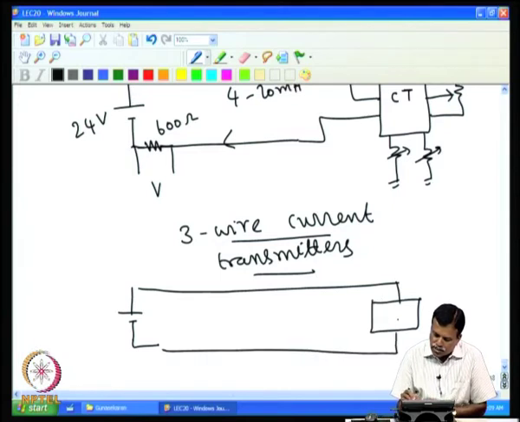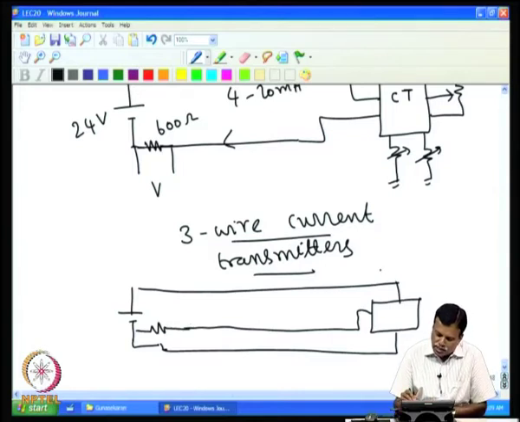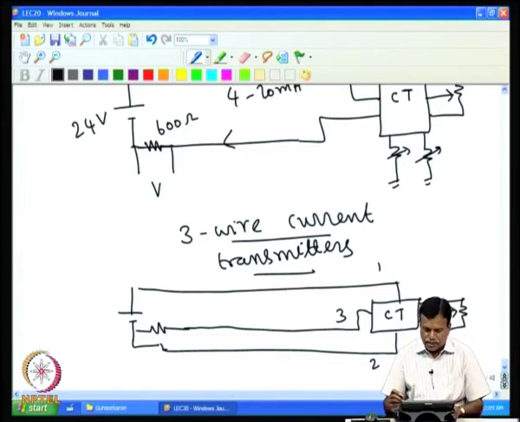Then one more wire comes out and that carries the current back to the system, and whatever measurement you want, you put a resistance and measure. This is one wire, this is the second wire, this is the third wire, this is the current transmitter. Of course, the parameter to be measured, for example the potentiometer, is connected like this. So, this is the model of a 3-wire current transmitter.